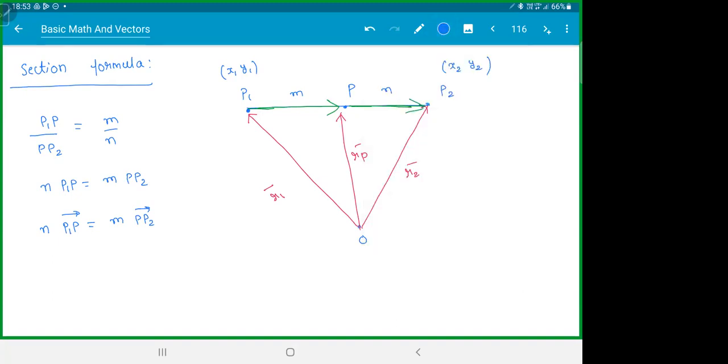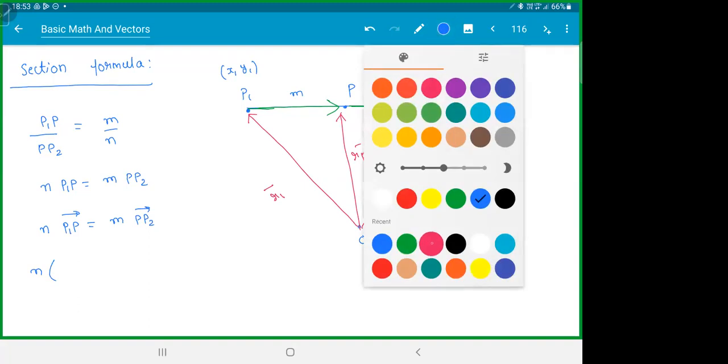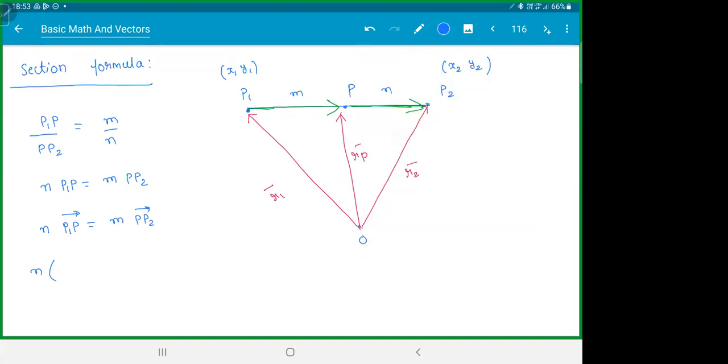Now from the triangle law, we get P1P will be nothing but, look at this thing, from the triangle law here, we get OP1 bar plus P1P bar is equal to OP bar. Agreed?